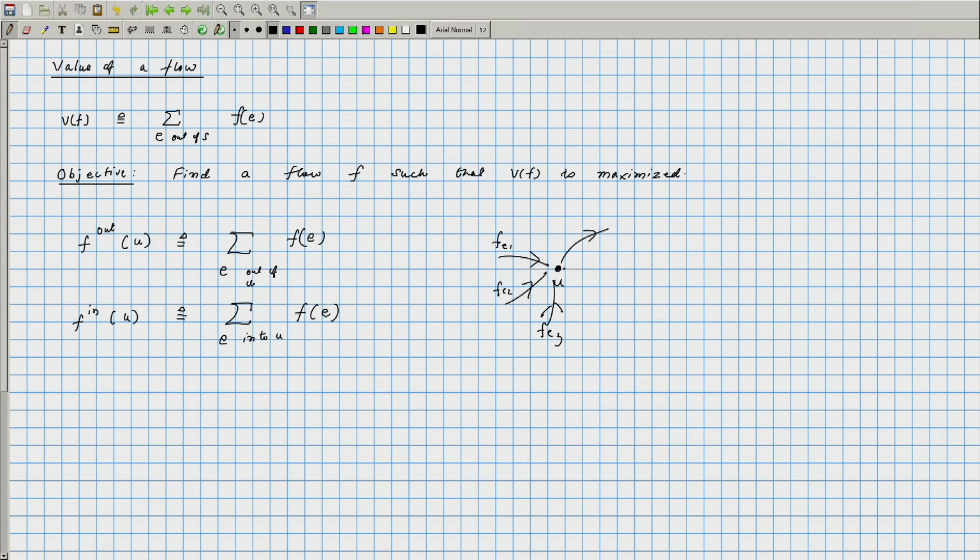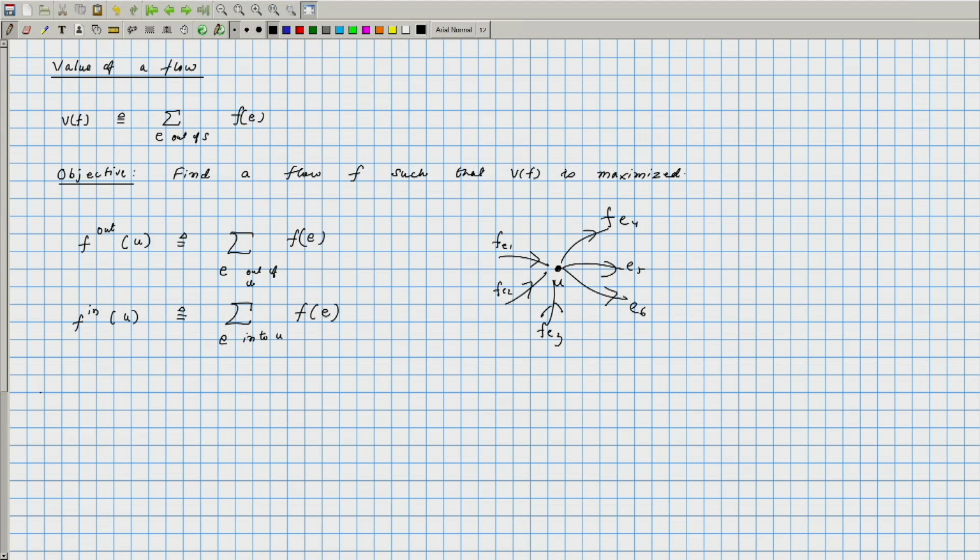And similarly, if you have a lot of outgoing edges, so let us say E4 was this edge, E5 and E6, the flow on the edge E4, that is Fe4, and sum up over all those outgoing edges, their flows, what you get is f out of u. Okay.